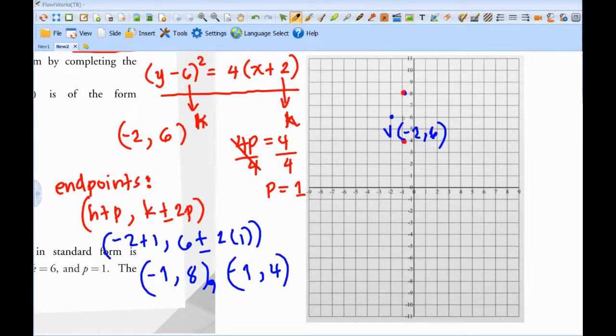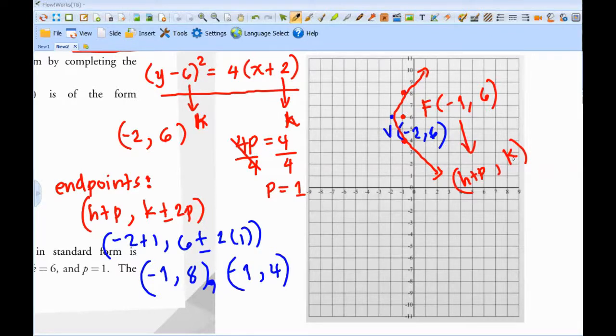And definitely our focus is here, at -1, 6. So we just add to the right of h. So h plus p and k. We add p to the h.